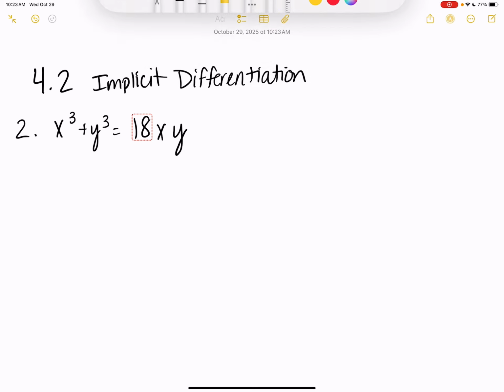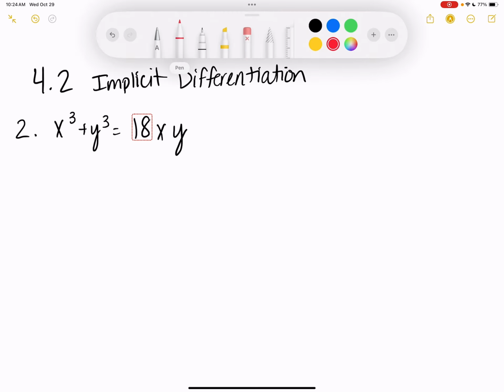So I've got 3x squared plus, we do the same way, 3y squared, and then it's times y prime, or you can write dy dx if you're so inclined, is equal to, then I take the derivative of this over here, so this is a product rule.